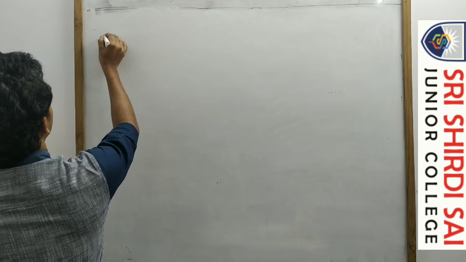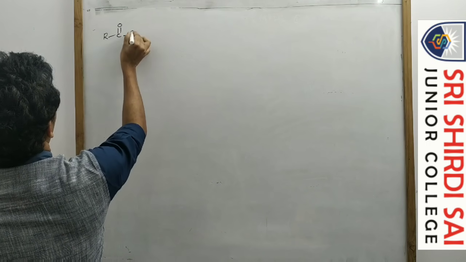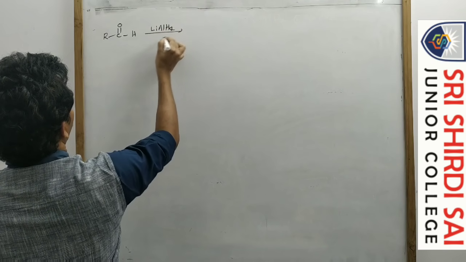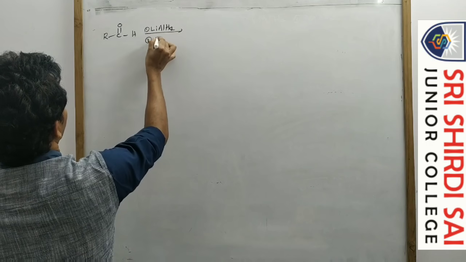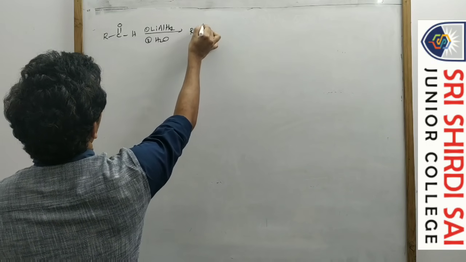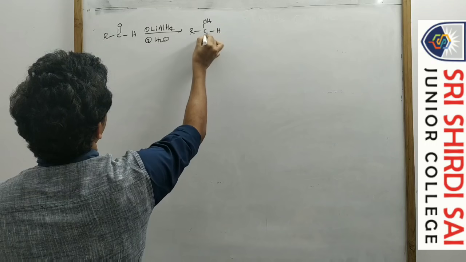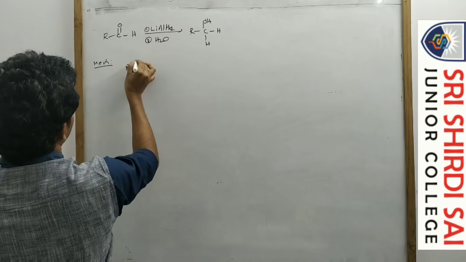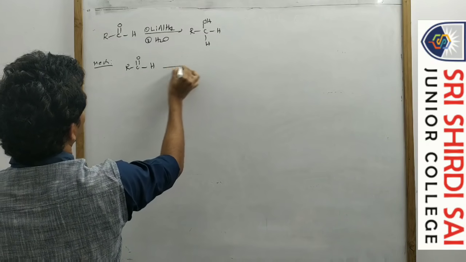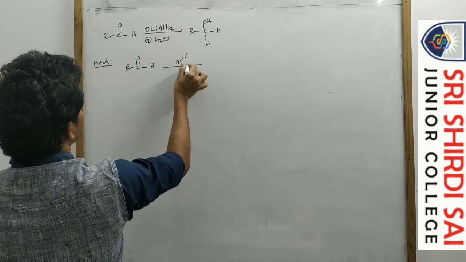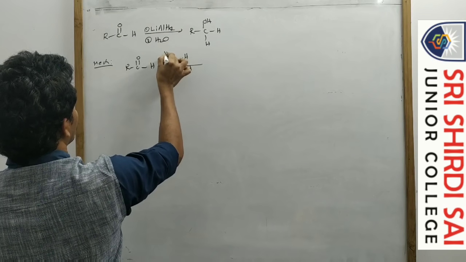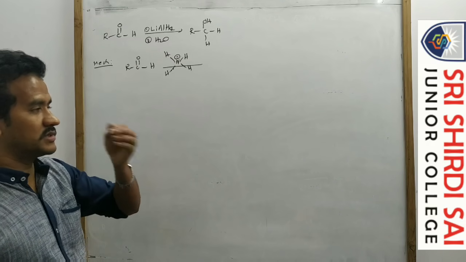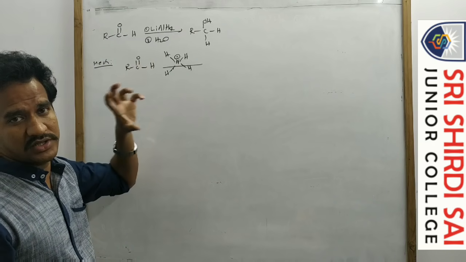Now here, aldehyde on reaction with lithium aluminum hydride followed by hydrolysis produces the alcohol. So what is the mechanism of this reaction? This aldehyde reacts with AlH4 minus; aluminum has a negative charge in this case.